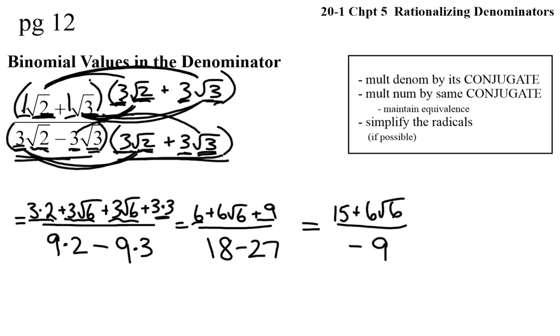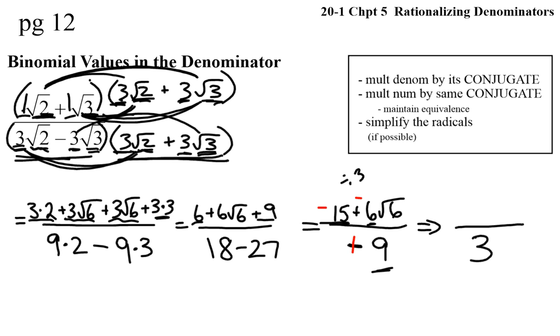To finish it off then, a couple of things. 9, 6, and 15 will all reduce by 3, but we also want our negative 9 to become a positive 9. If I'm going to change the sign in the denominator, I need to change the sign on all the terms in the numerator. And I'm reducing by 3. So my negative 9 becomes a positive 9, but I reduce by 3, so I have positive 3.